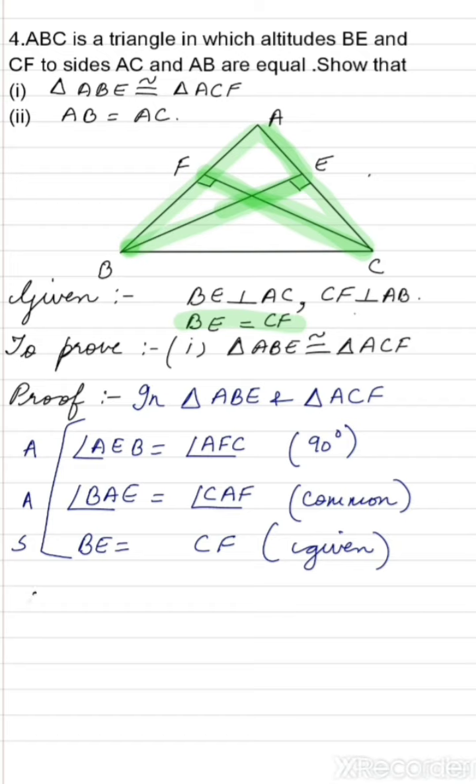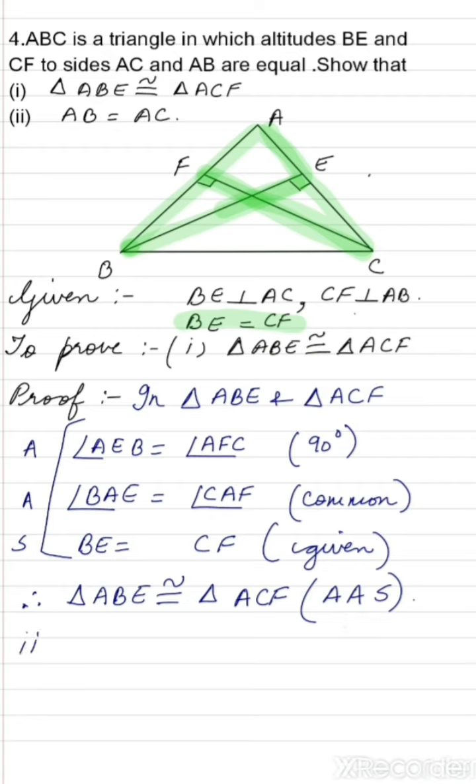So I will write, therefore triangle ABE is congruent to triangle ACF. In the bracket I will mention the criteria AAS. And the second thing which is asked, this is the first part which we have proved.